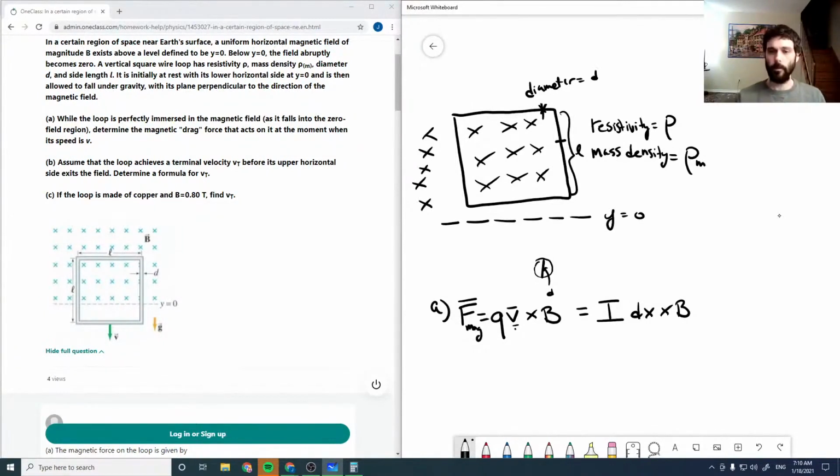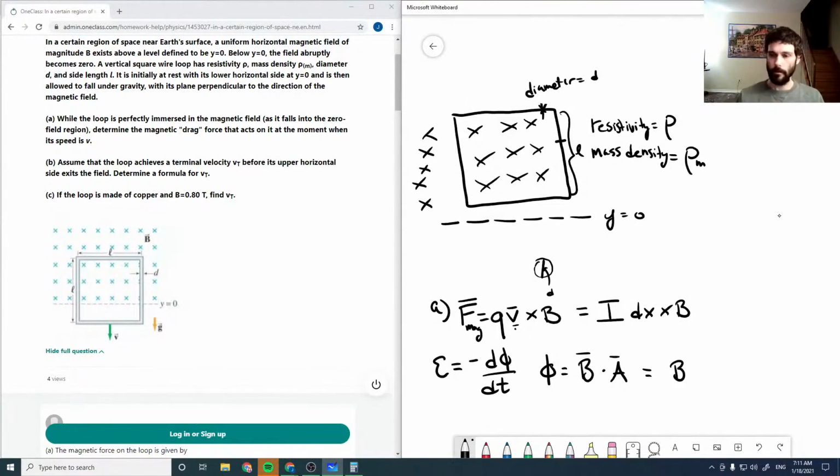now to figure out what current is going to be flowing, we would need our EMF. So our EMF is going to be minus d phi by dt, where phi is our flux. So our phi is B dot A. And in this case, when it's fully immersed in the field, our B field is constant and into the page.